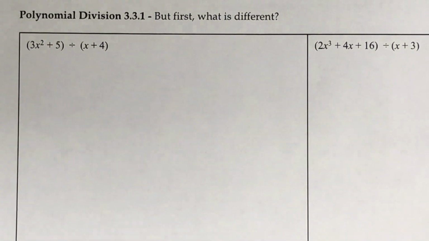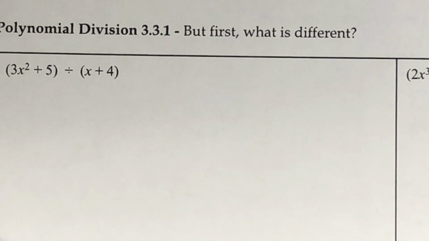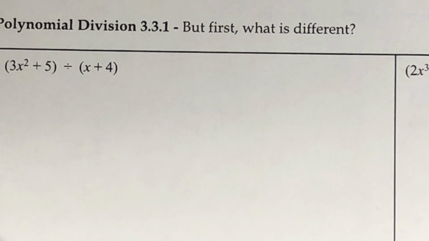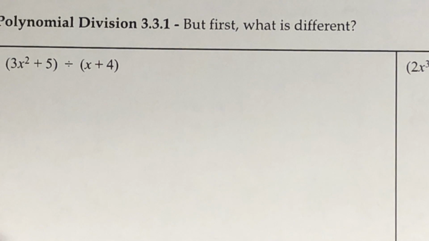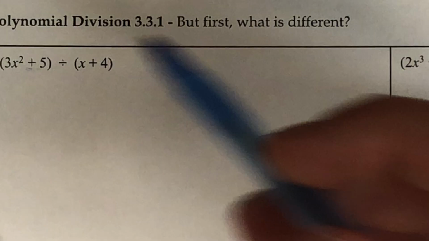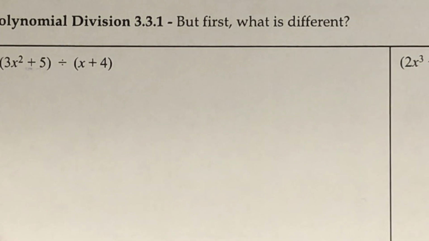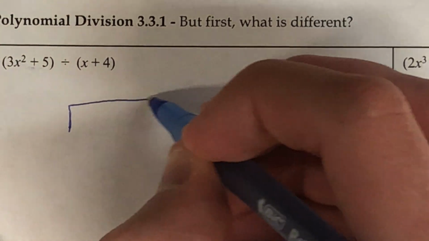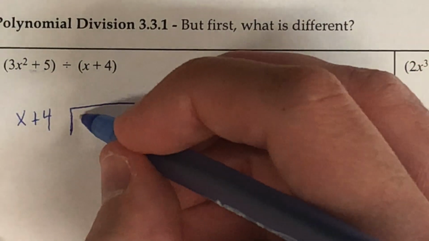So as we look at this problem here, what do we see that's different? So we're still dividing. The difference is that we don't have an x term here. Notice it goes straight from x squared to a number. So what we need to do when we're dividing is include an x term.